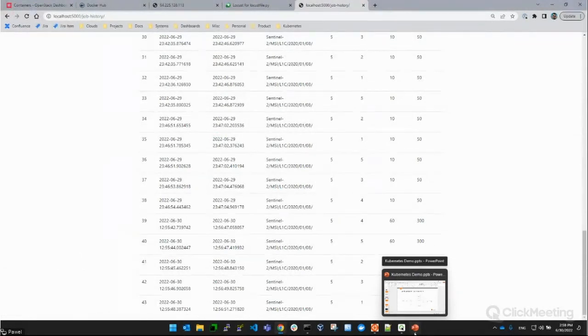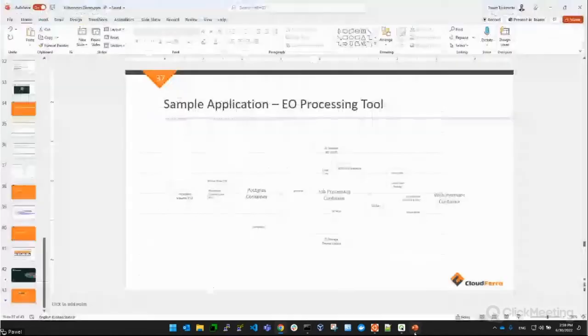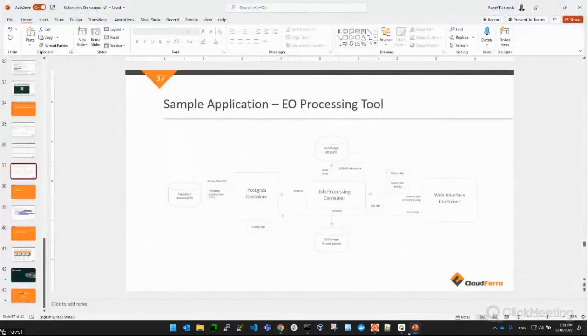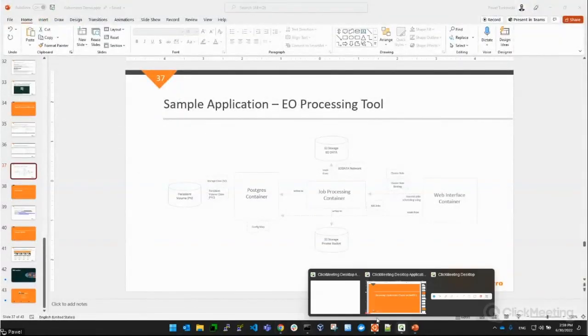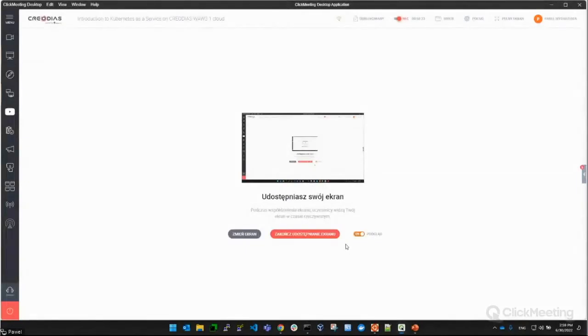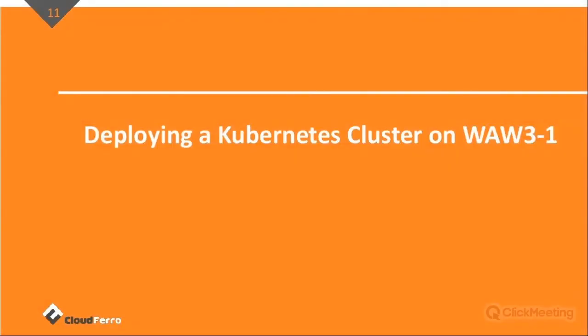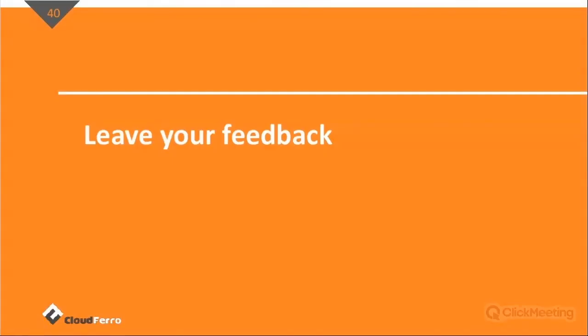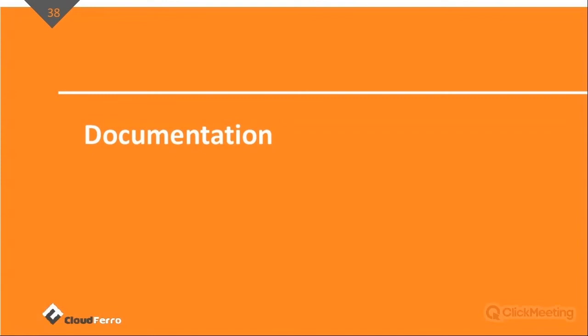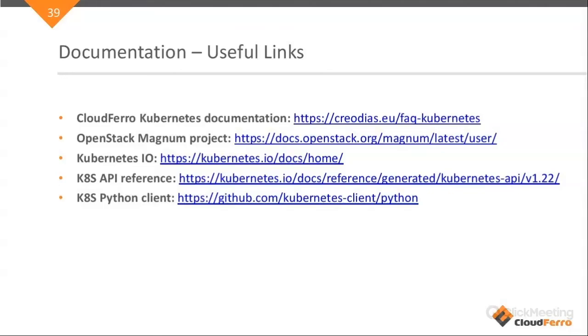I think we're right in time, and with this one, I will switch probably and just wrap up, right? So okay, maybe one last thing that I want to say is we've put in this documentation the useful links.